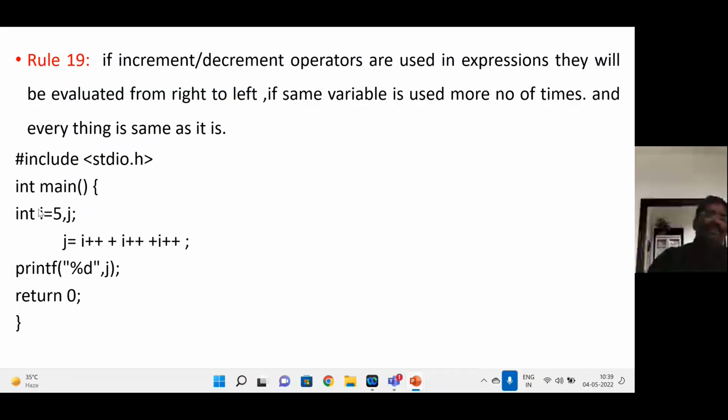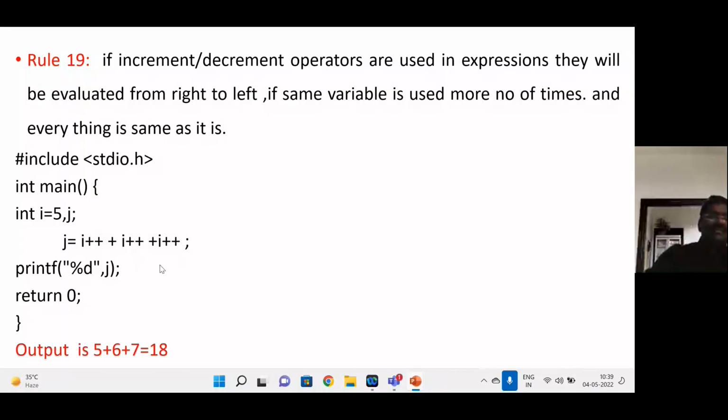So what is the output of this? In this program: include stdio.h, int main, int i is equal to 5 and j, j is equal to i plus plus, i plus plus, i plus plus. Here we are using the same variable.